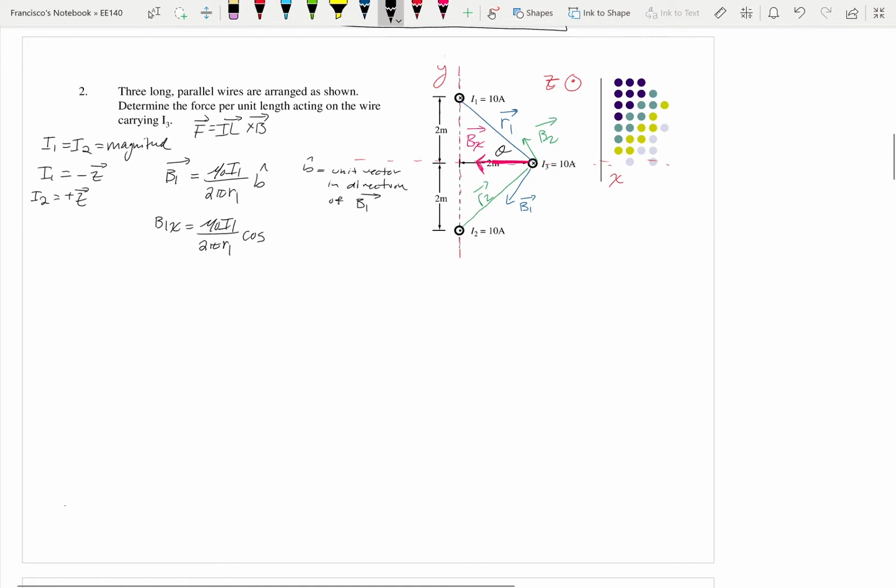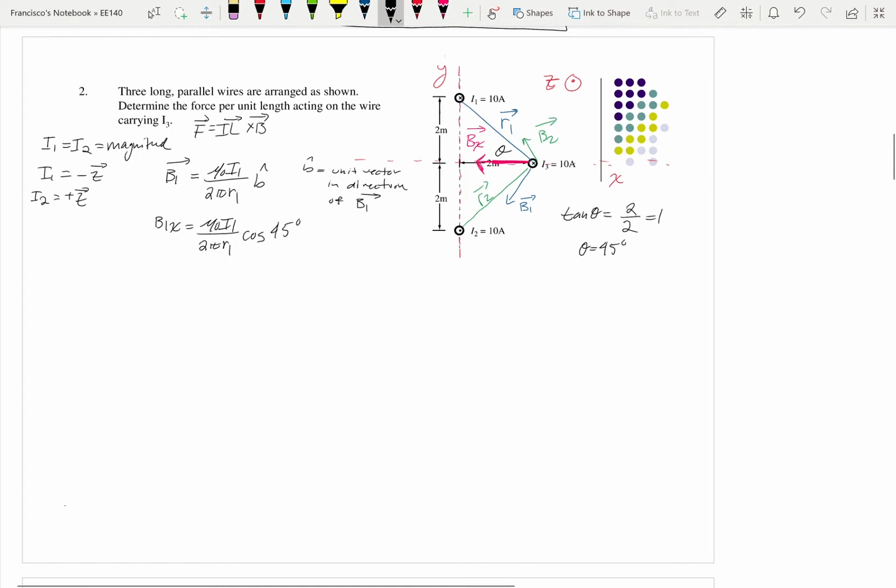We know that tangent of theta equals 2 meters over 2 meters, therefore equal to 1, so that angle is going to be 45 degrees.